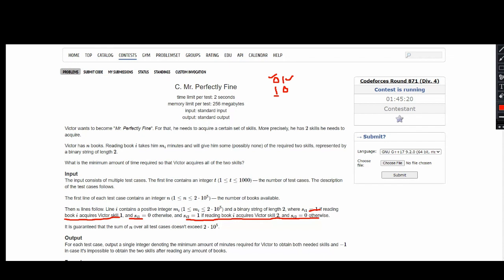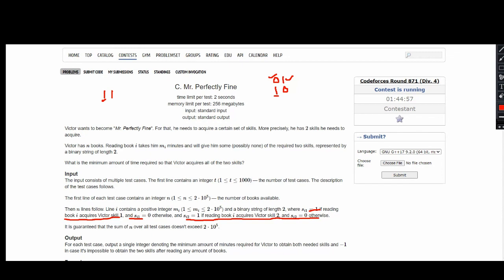So what we do first, suppose we have a string as 1 1. In this case we first check the first element, it is 1, yes, so we take the time as the minimum of the previous time and the time given for this case.